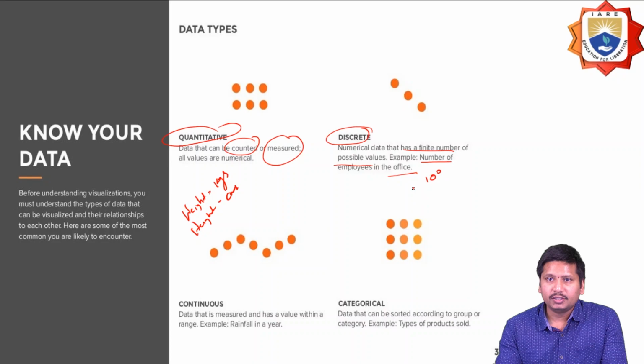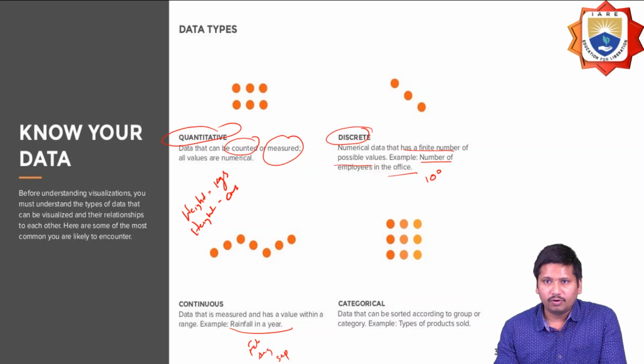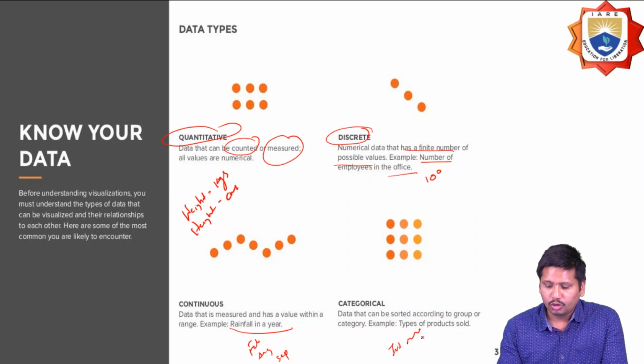Continuous means the data changes over a period of time. For example, rainfall in a year. Suppose rainfall comes in the month of February, you note it, and again it comes in August, and then again in September. We measure the rainfall of India continuously over periods of time, and it changes from time to time.